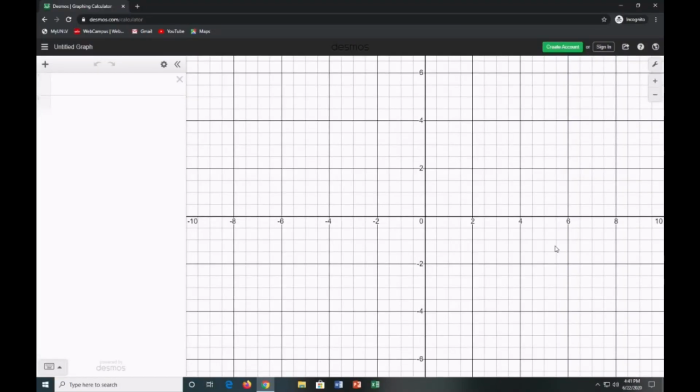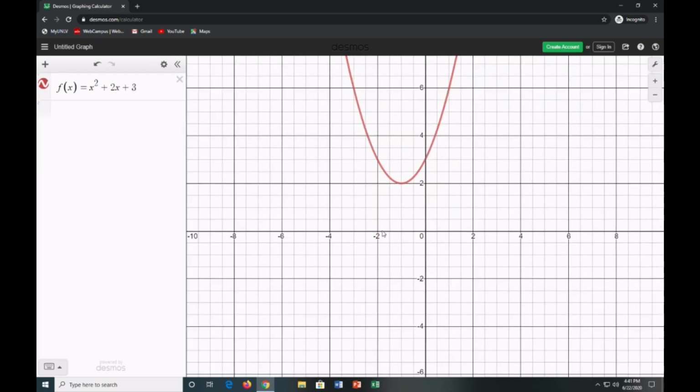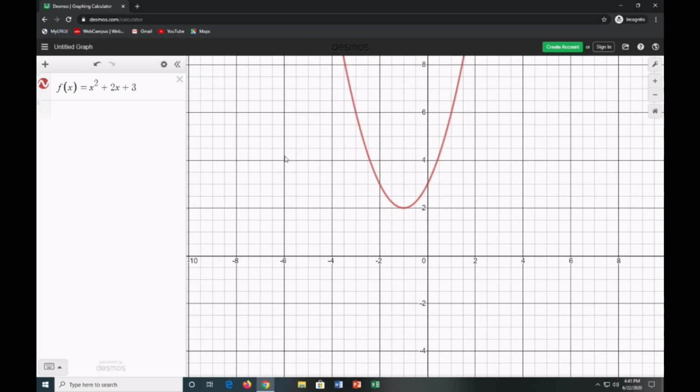So let's put in this function, which was f of x equals x squared plus 2x plus 3, right? That's just about what we ended up with.